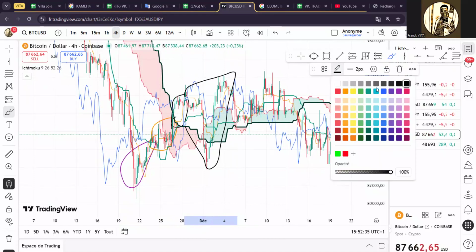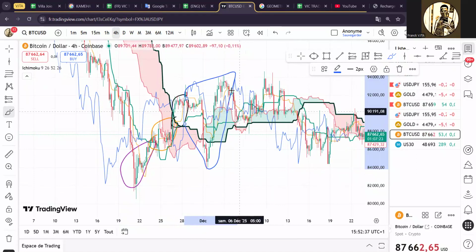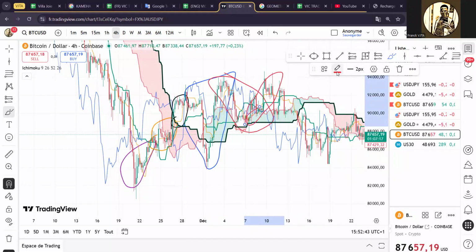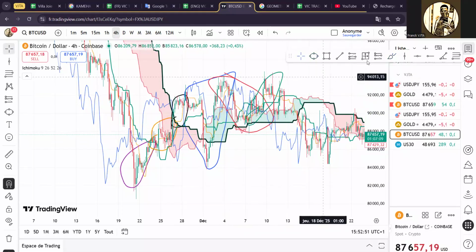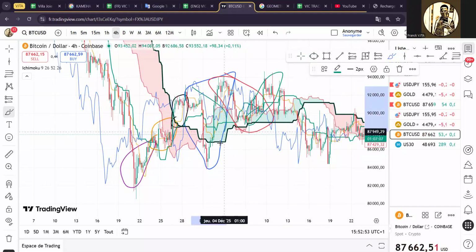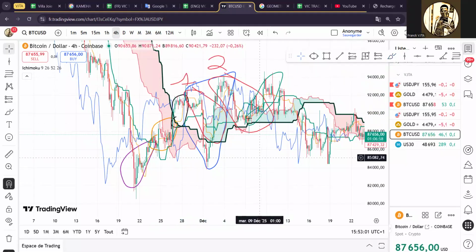This one was the new trend. Now the correction. This one was one correction. Then the push. Then we didn't have 2 corrections. This was just 1 correction, minimum 1 correction. Now, the thing is that the KSB TK cross is also a correction. So this is the minimum 1 correction. Then this is 2 corrections.